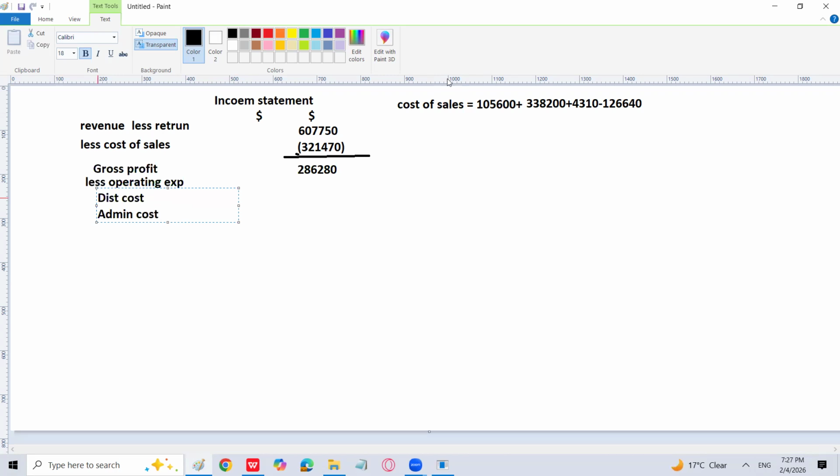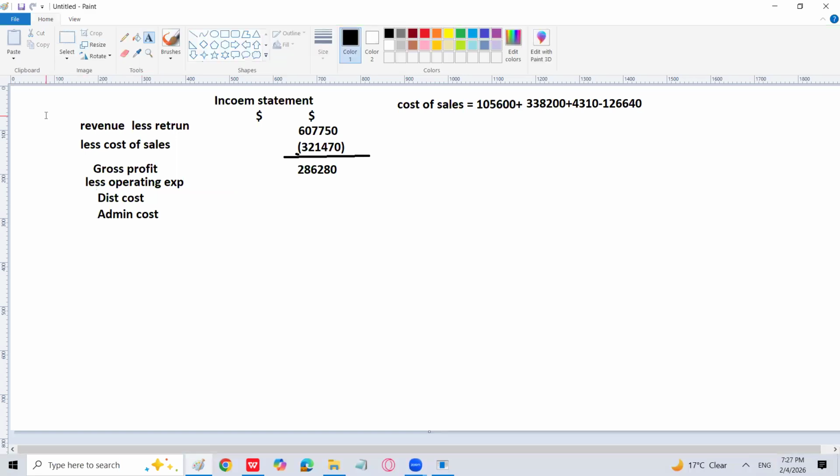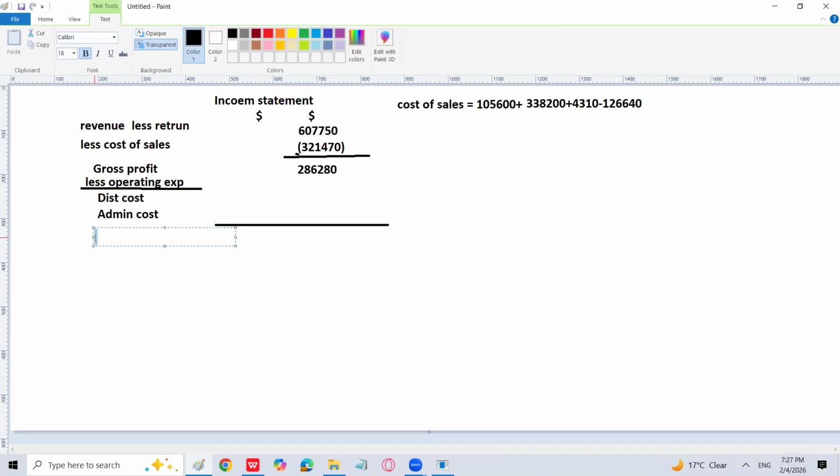So less operating expenses, distribution cost, and admin cost. Let me write here. I will go for the heading first. Then I have to go for the calculation of distribution cost and admin cost, and then I will write the answers directly to find profit from operations. You can write here. And then you will subtract finance cost to find profit after finance cost.